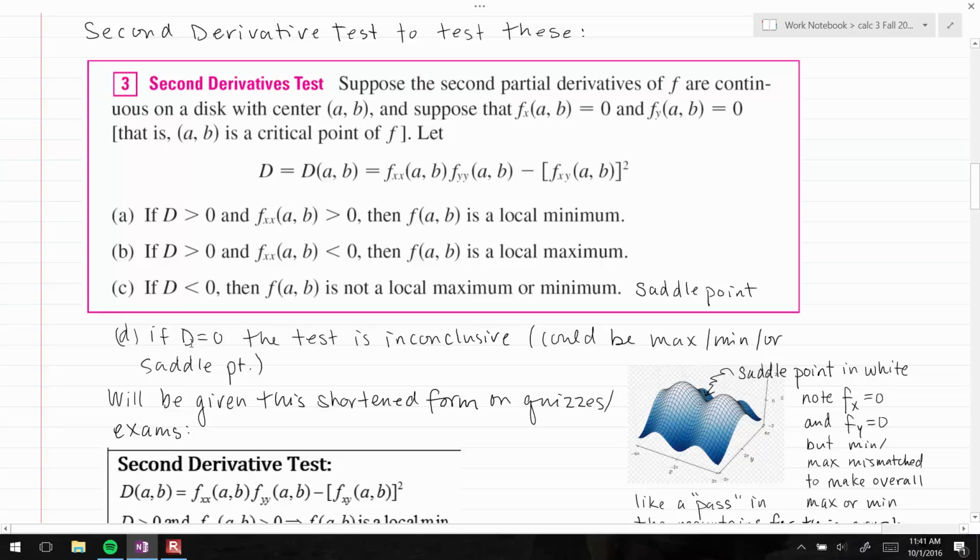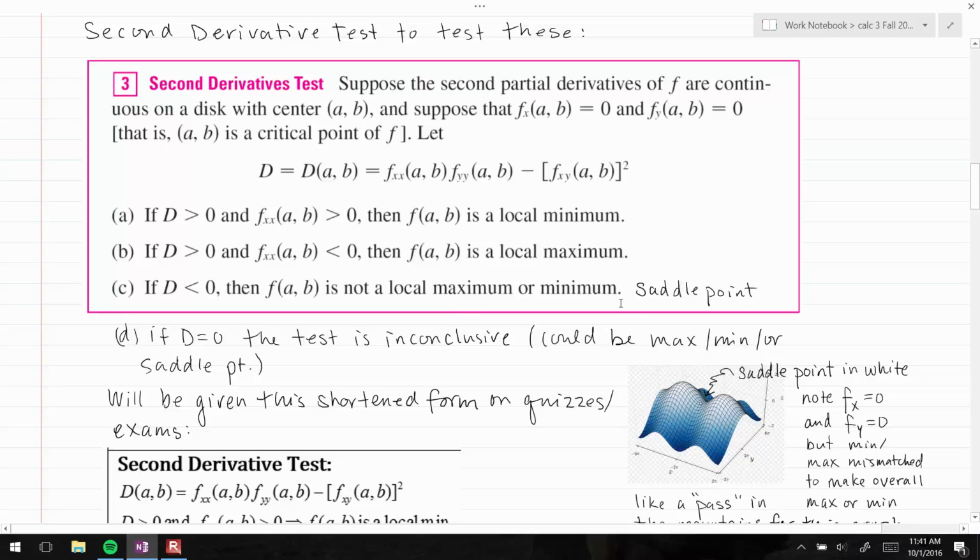And finally, if the D you find is less than 0, then you don't need to do any further tests, and you can just conclude in this case it's not a local max or min. So the second derivative test is definitely more complicated in this multivariate situation. By the way, if it's not a local max or min, it's called a saddle point.